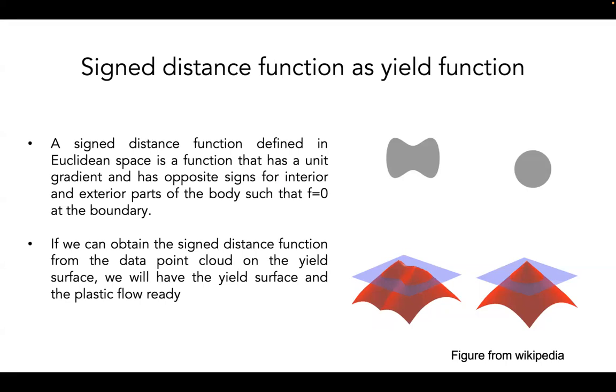It's like an indicator function. If it's inside, then it will have the opposite sign of the yield function. Notice the signed distance function like this one. If I want to represent that boundary, the circle or this funny shape, I would introduce level set values.